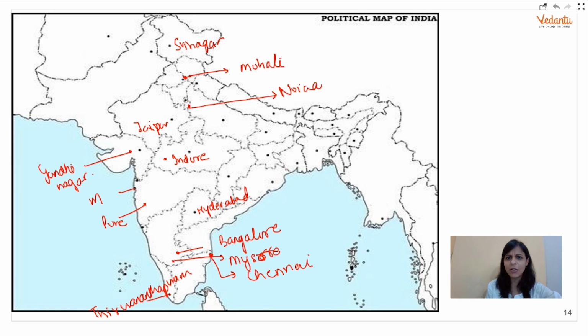I guess it's not going to take a lot of time for you to remember. Like you have Vishakhapatnam here. Then you have Bhubaneswar right here. Kolkata is clear, you guys know where Kolkata is. Then here you have Guwahati. Mostly it's the capital.